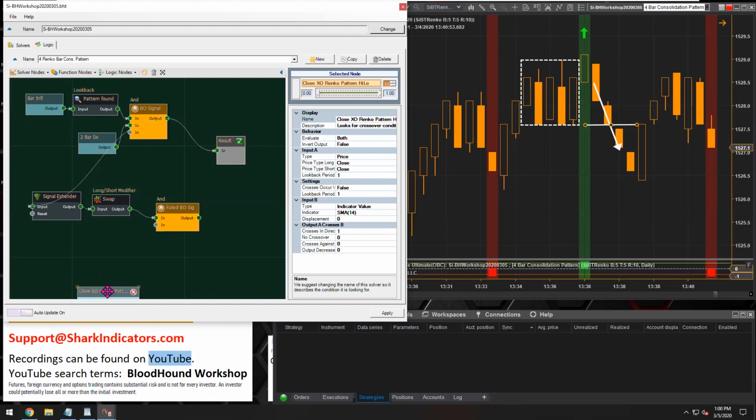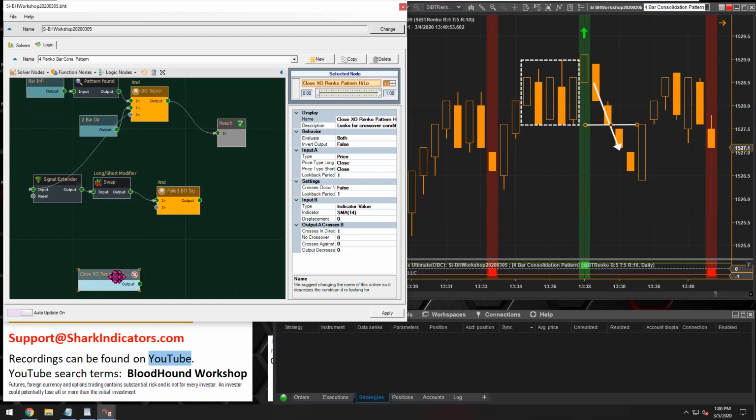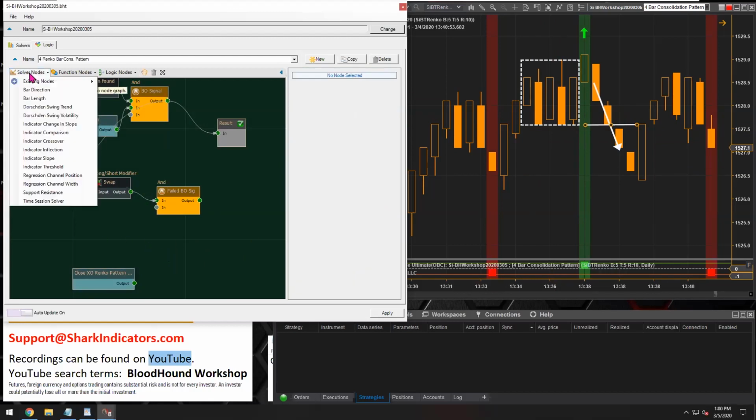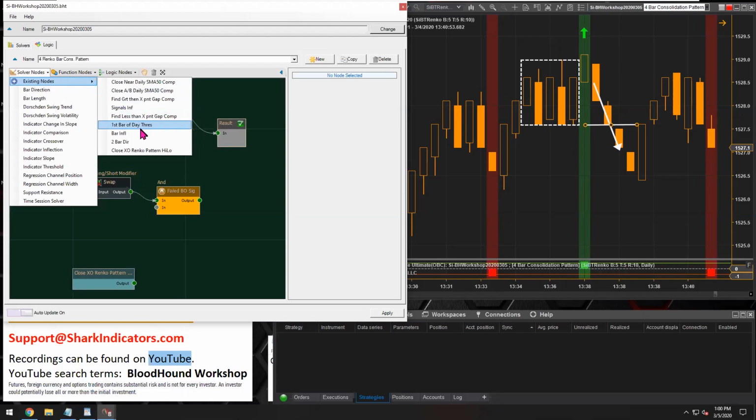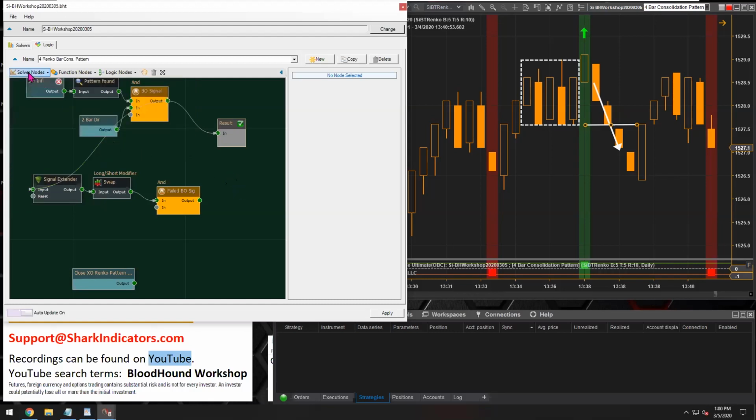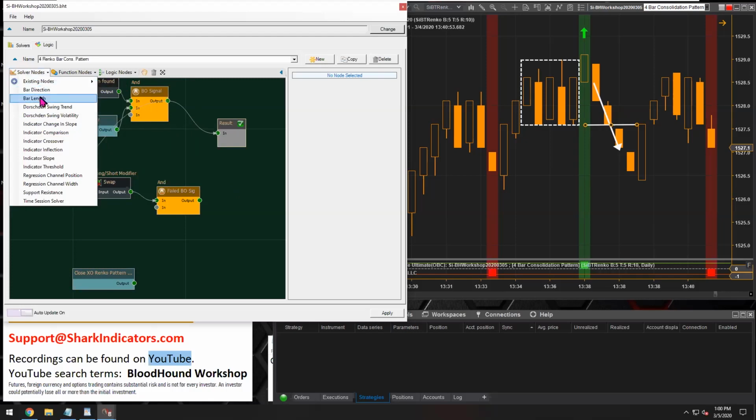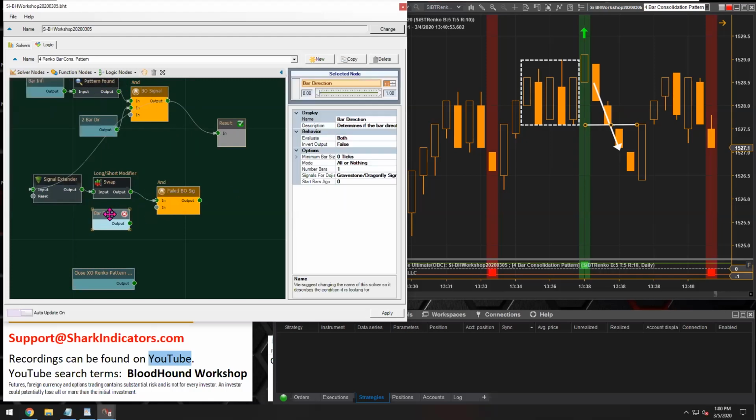I'll just throw it down the side, and we can leave it there in case somebody actually does make an indicator sometime. And we'll pull in, let's see, do we have a 3-bar direction? No, we only have a 2-bar direction. All right, so let's create a 3-bar direction solver here.